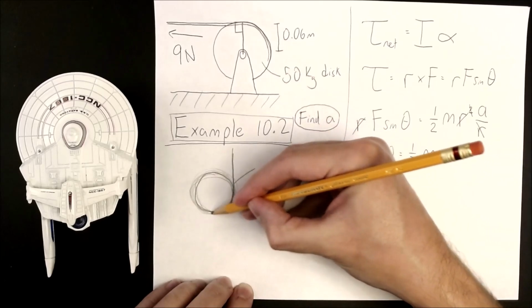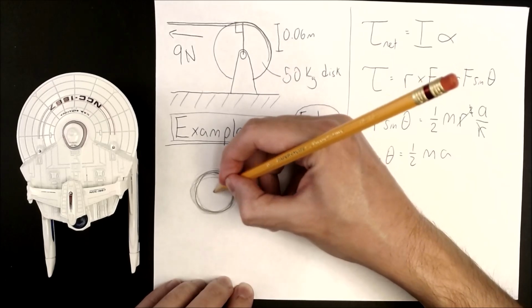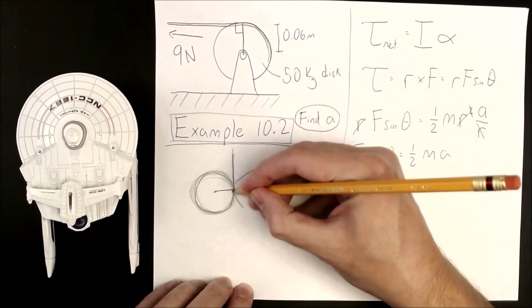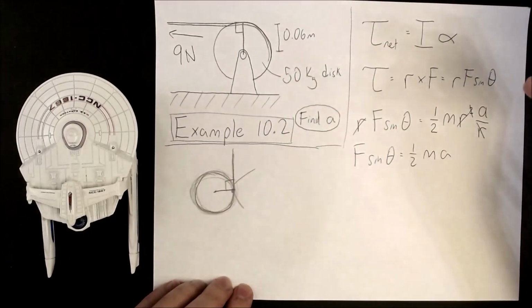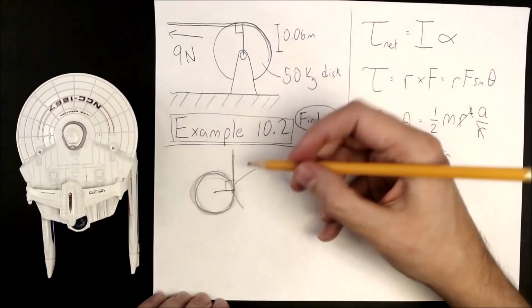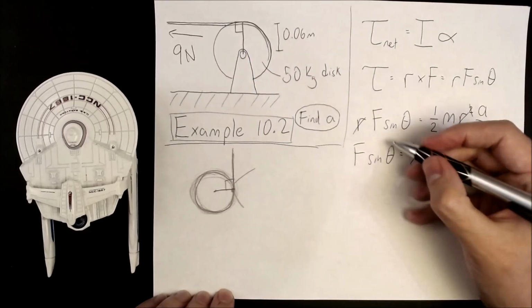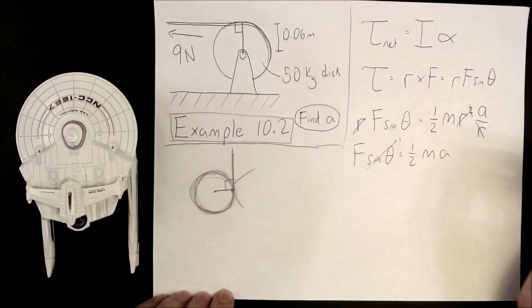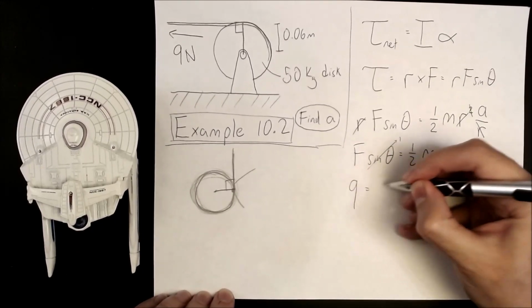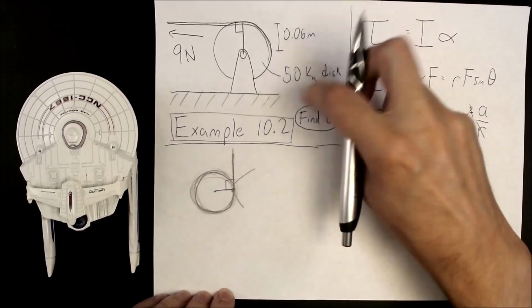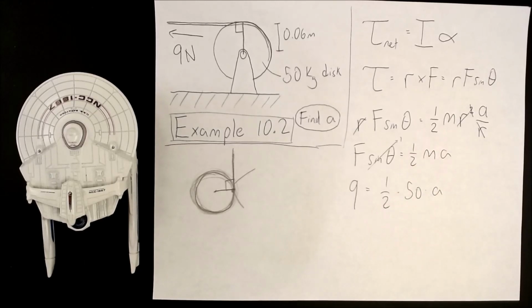That's a yo-yo string right there. And that is at a 90-degree angle to that. If that's the point at which the string leaves the yo-yo, that's a 90-degree angle. These other two would not be, but that one definitely is, and so is this 90-degree angle. If this is a 90-degree angle, then that sine is another 1 again. Our force was 9 newtons times 1 is equal to 1/2 times mass of 50 times the acceleration, which is what we're looking for.